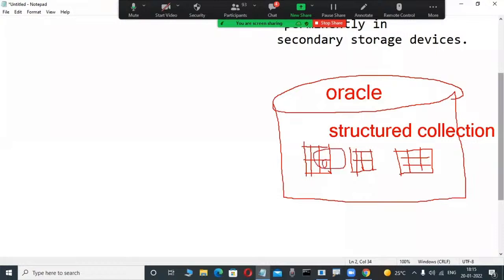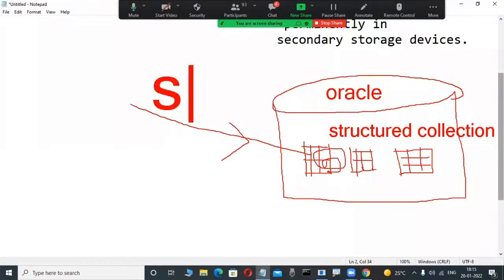Once a structured collection of data is there, to operate on this data we require some language. What is that language? Maybe anybody has an idea? SQL is a language, Structured Query Language. Through this language only, we operate on this structured data in relational databases.